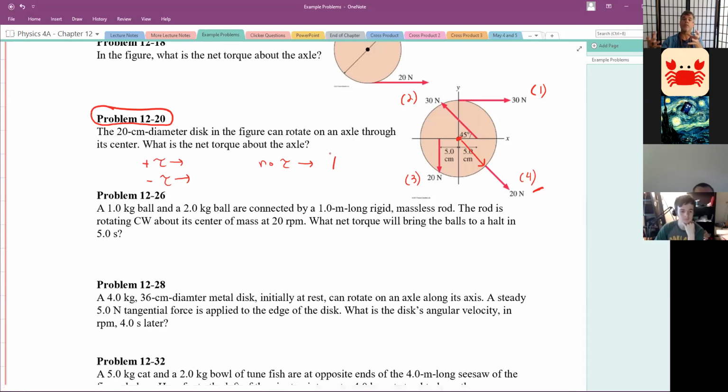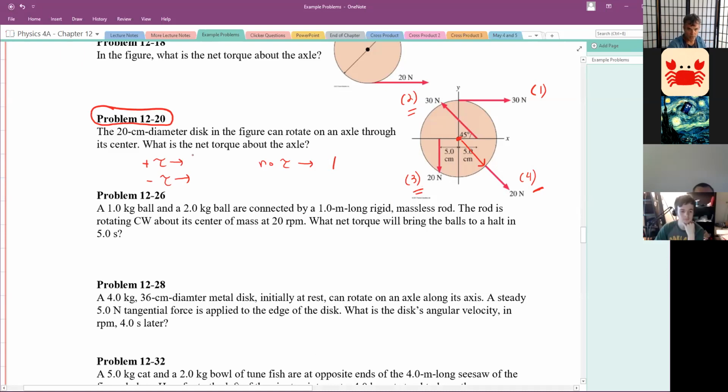Just real quick, what would force 4 do? If this thing was free to move, it would cause the center of mass to accelerate. Now, torque is positive if it causes a counterclockwise rotation. Force 2 would cause this disk to rotate counterclockwise if it was the only force. Force number 3 would also cause this disk to rotate counterclockwise if it was the only force.